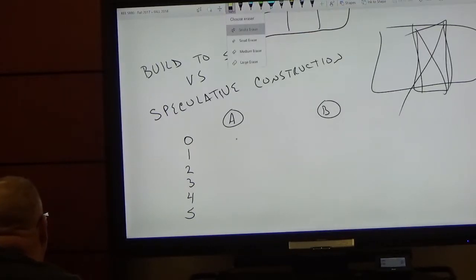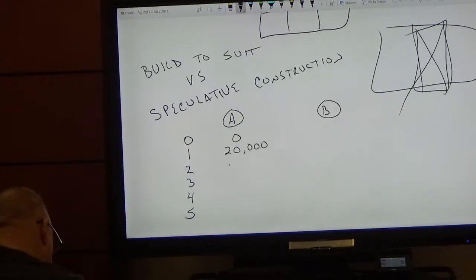Scenario A, we're going to build, and then we're going to get, let's say, $20,000 a year in rental income.